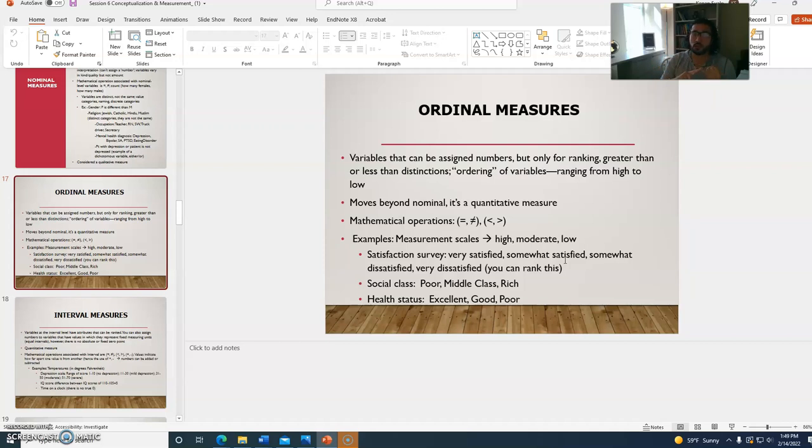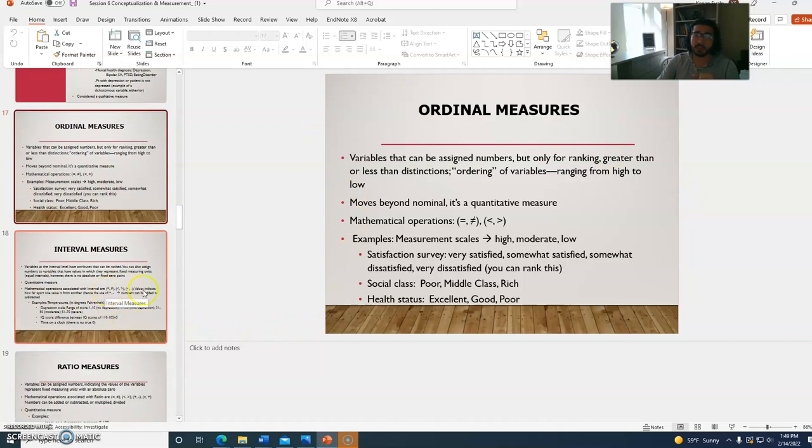Something from very bad to very good is rank ordered. Something from childhood, adolescence, adulthood, to elderly is rank ordered in terms of age, so we can say which one has more age and which has less. When something is rank ordered, that's ordinal in terms of measurement.